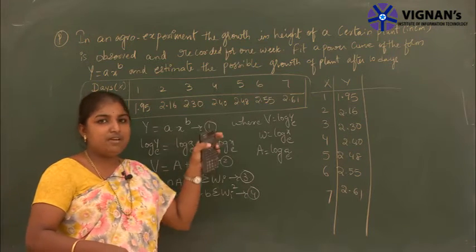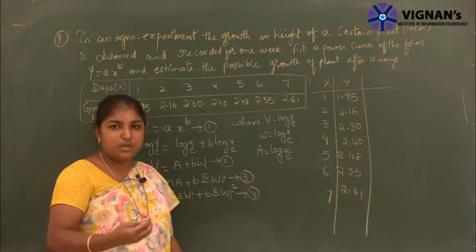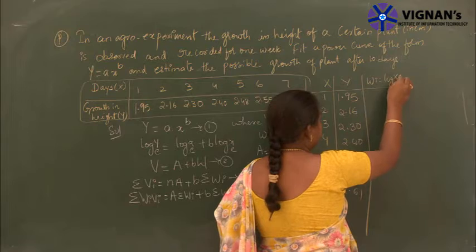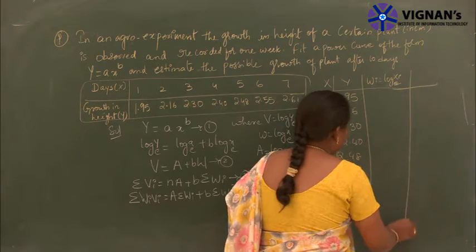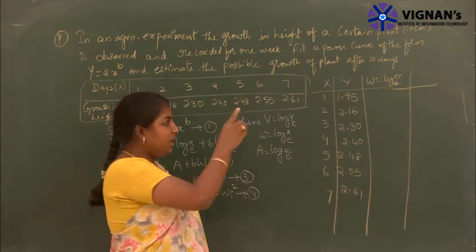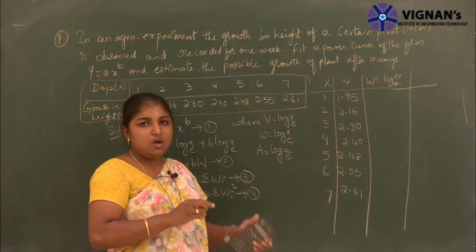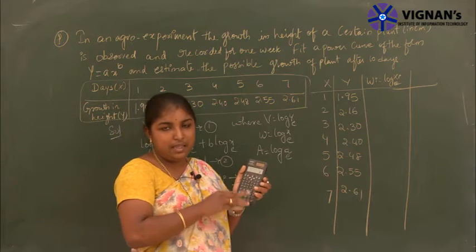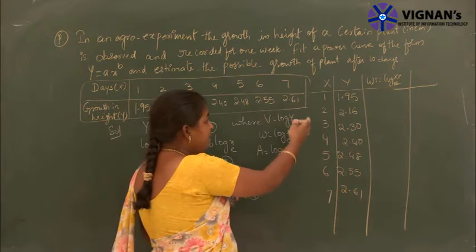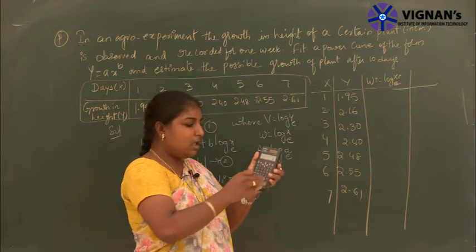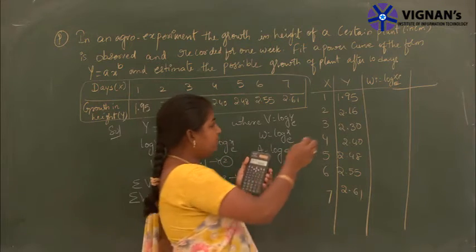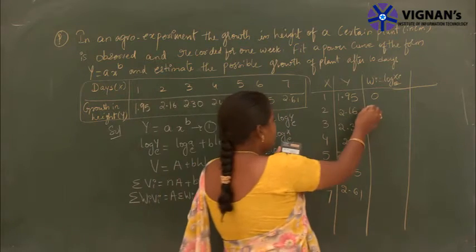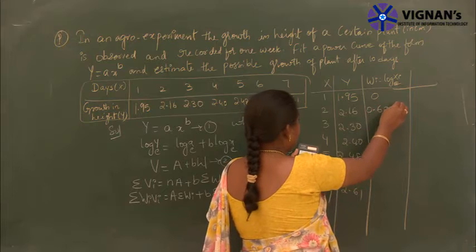So now x and y values we are changing into wi and vi. We know that wi means log xi base e. So we are taking log base e of the x values, we get wi. Log base e means we are using the calculator and use the button ln. Ln means log base e. Give the values 1, 2, 3, 4, 5, 6, 7. So ln 1 is equal to 0. Next, ln 2 is equal to 0.6931.